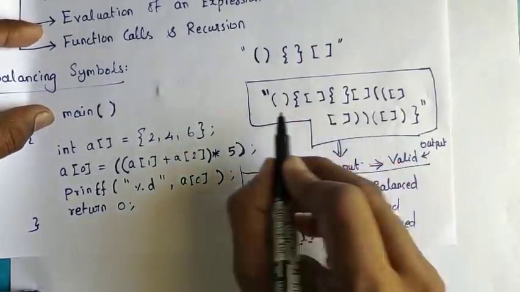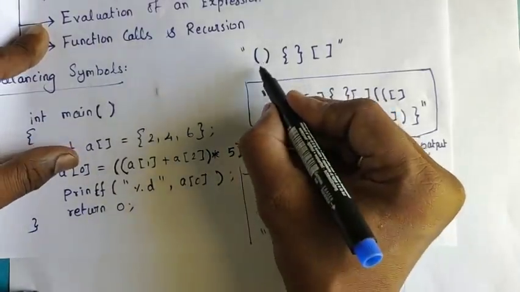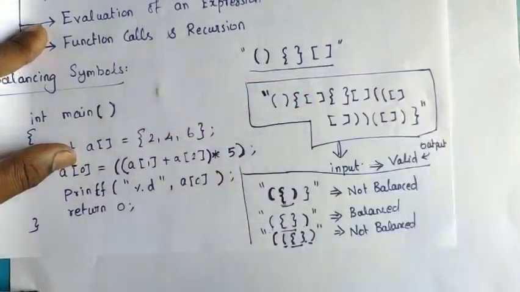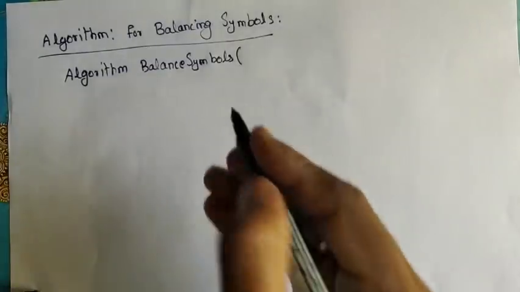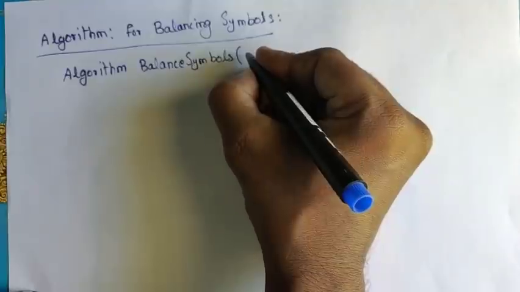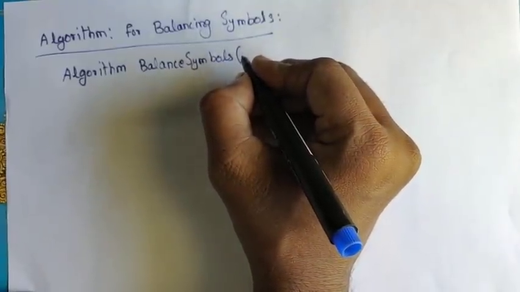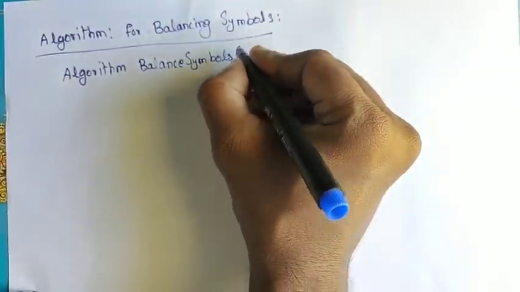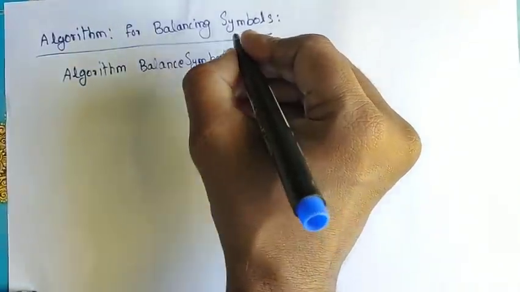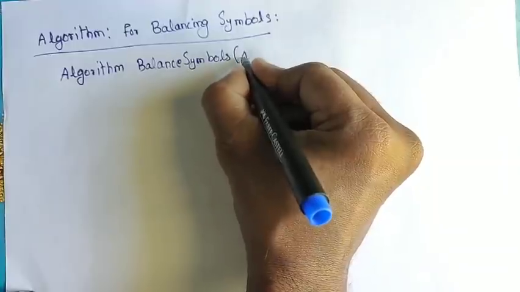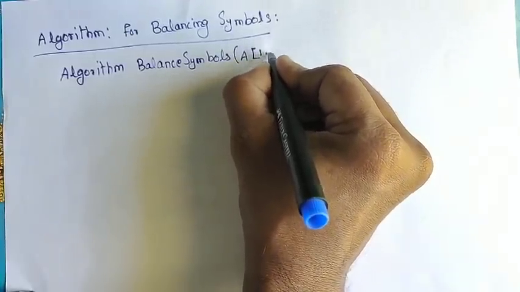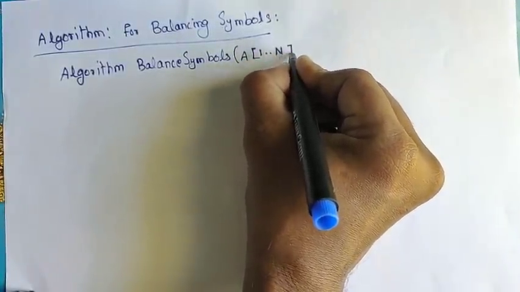In the string, each character belongs to one of these symbols. That is the input for my algorithm. So I am going to consider the input as A of 1 to n.